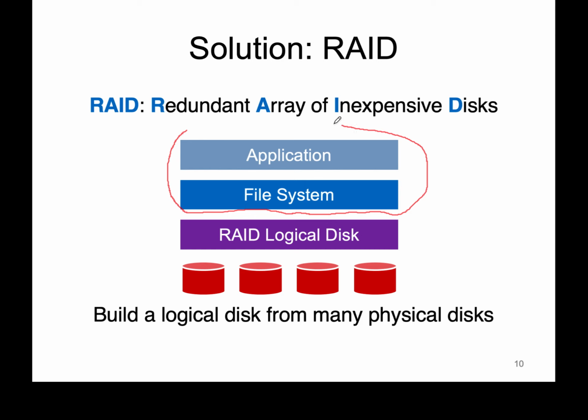Here in this example, we have a layered system architecture where the topmost layer is the application, right? The application directly interacts with the file system, and the file system is a core piece of software used to arbitrate and support read and write operations.